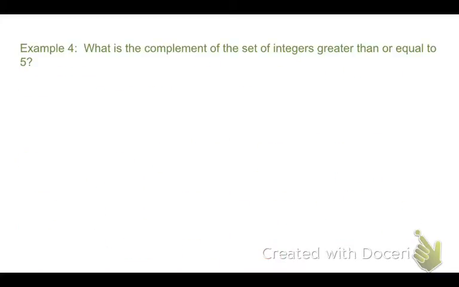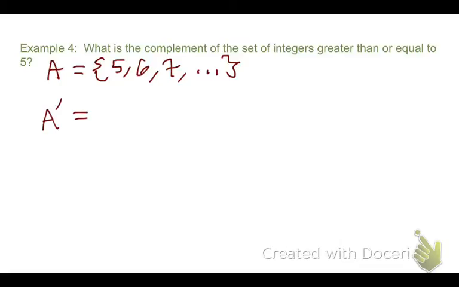So example 4, what is the complement of the set of integers greater than or equal to 5? Here we let A equal the set of integers greater than or equal to 5. So we start at 5, 6, 7, so we look at the pattern dot, dot, dot, and there would be our set A. So A complement, or A prime, is going to go in the other direction.